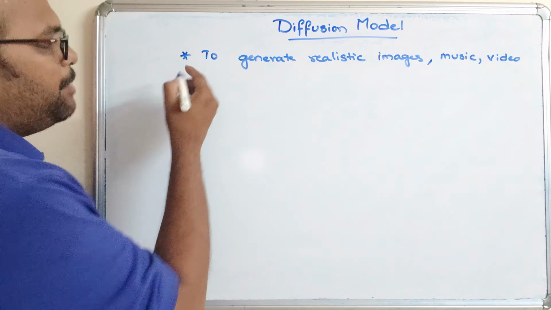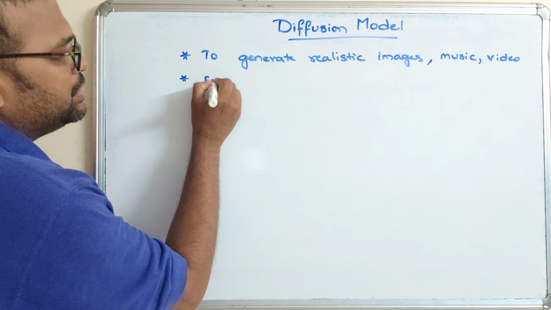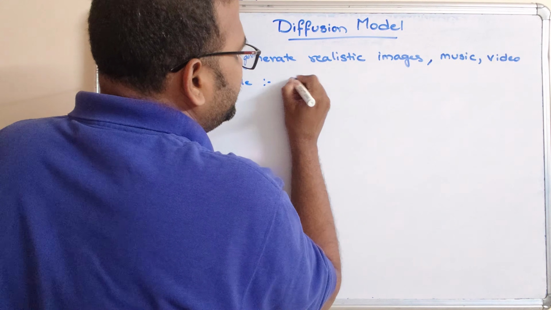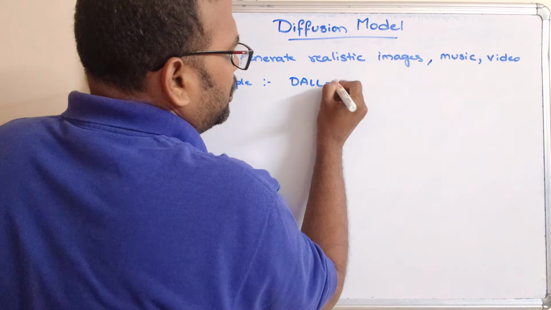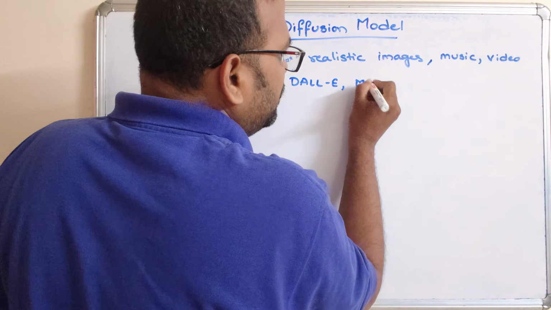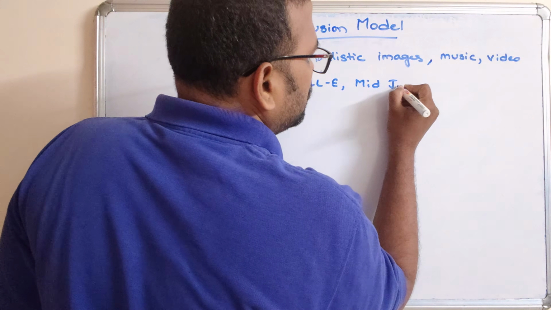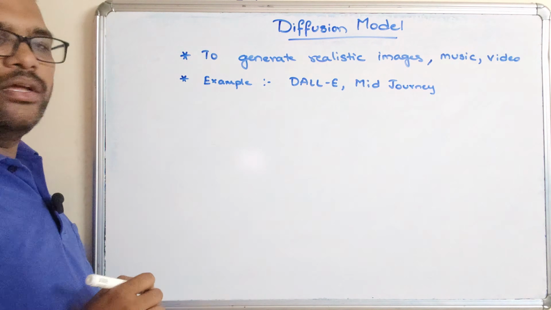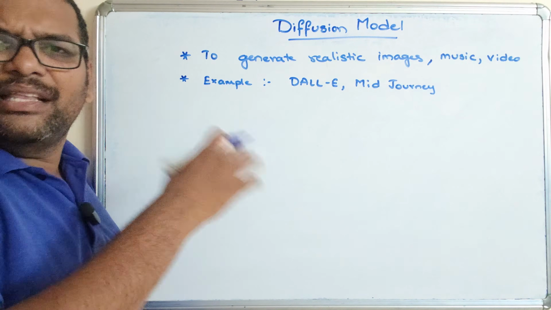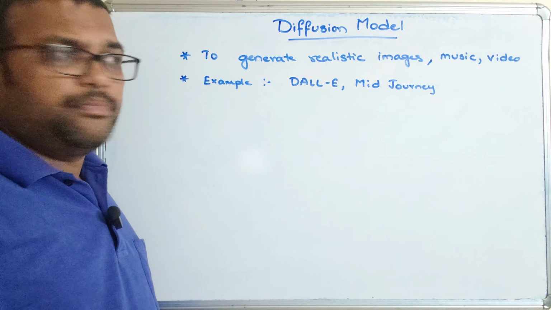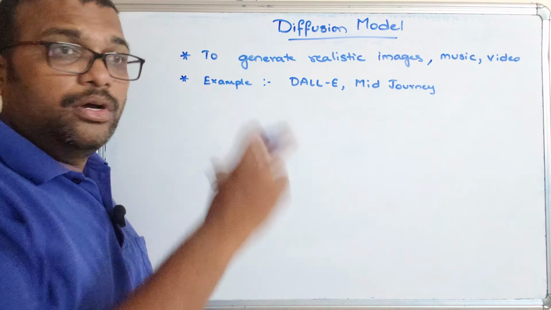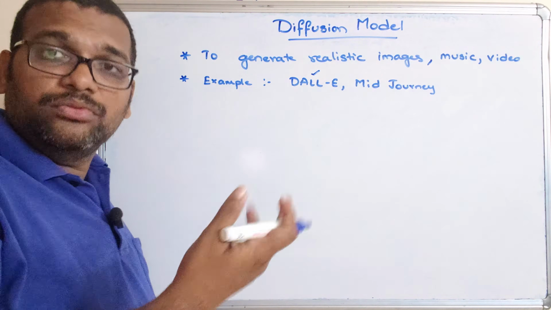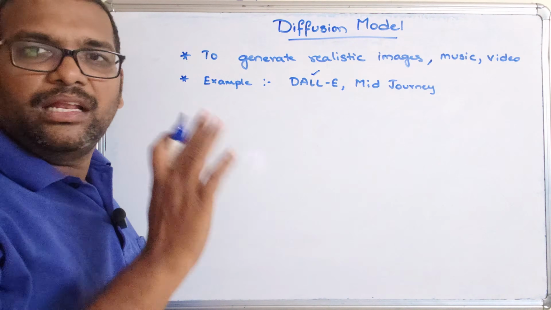Examples for this diffusion model are DALL-E, Midjourney, and Stable Diffusion. There are a lot of GPTs available like that. In our previous session we already saw DALL-E, used to generate images in particular.